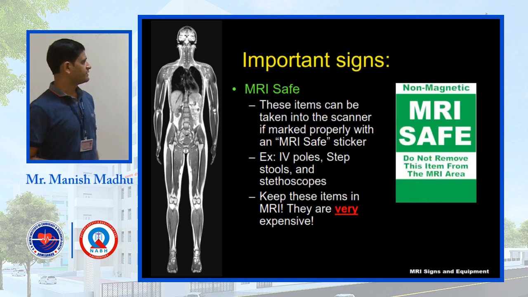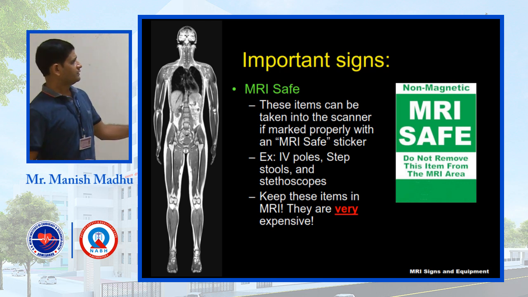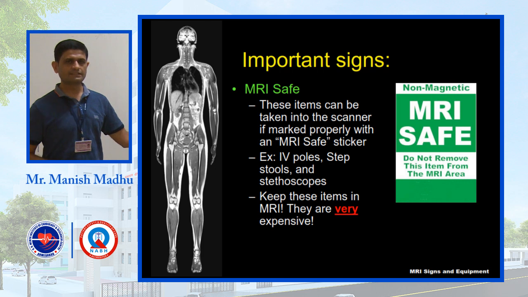Important signs: MRI safe. These items can be taken into the scanner if marked properly with an MRI safe sticker. Examples: IV poles, step stools, and stethoscopes. So these MRI safe items can be taken into the MRI room.